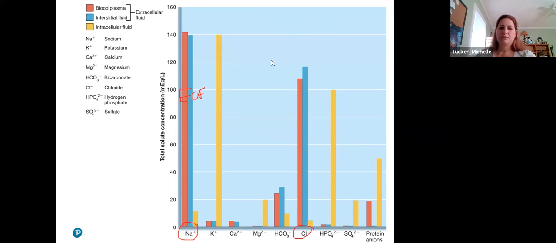Then if we go to intracellular fluid, the main cation is potassium, and the main anion is going to be phosphate. Negatively charged proteins are also going to contribute to osmotic balance intracellularly.